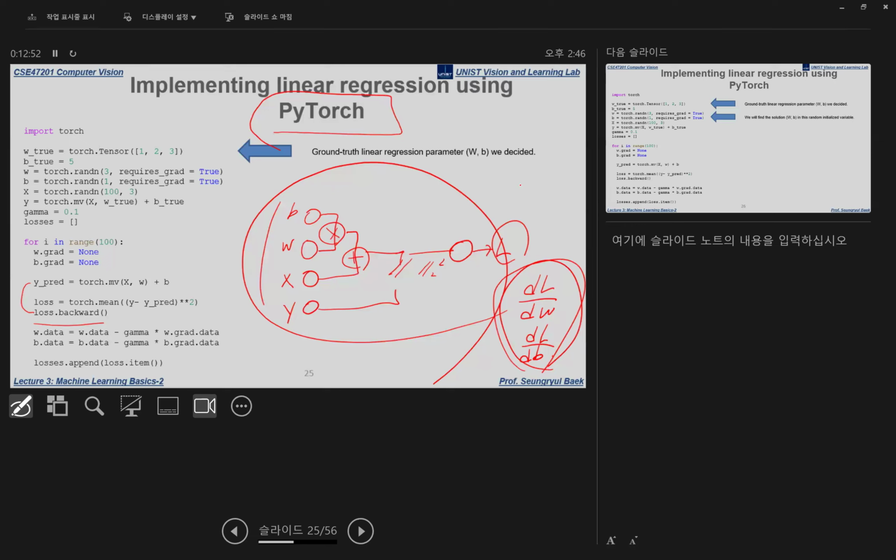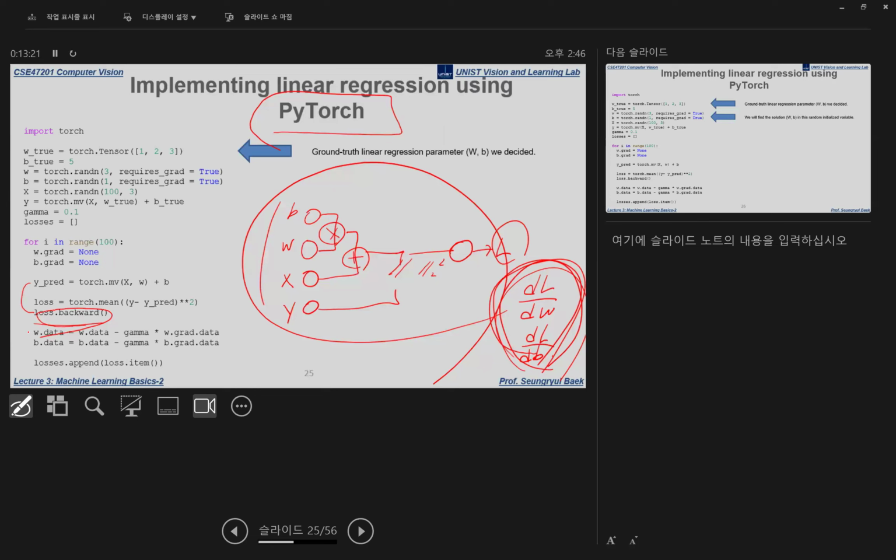So rather than calculating the gradient with a closed form solution as humans do, a computer can also approximate the gradient without the closed form solution, okay? That is implemented in loss.backward.